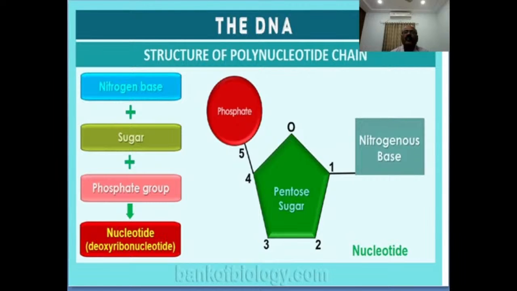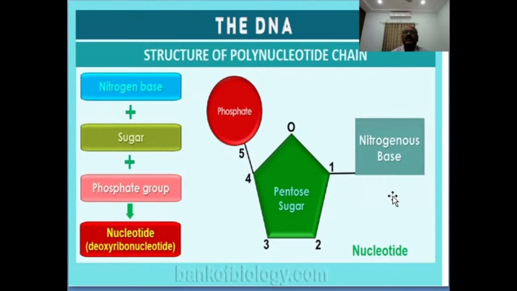Structure of polynucleotide chain. So, in the polynucleotide chain structure, when we observe nitrogen base plus sugar plus phosphate group, these 3 together form a nucleotide. You see, this is phosphate. This is sugar, pentose sugar. That means 5 carbons are there: 1, 2, 3, 4, 5 carbons.